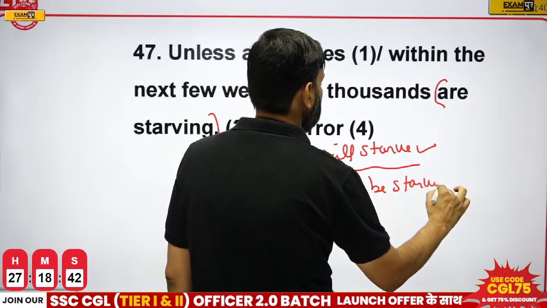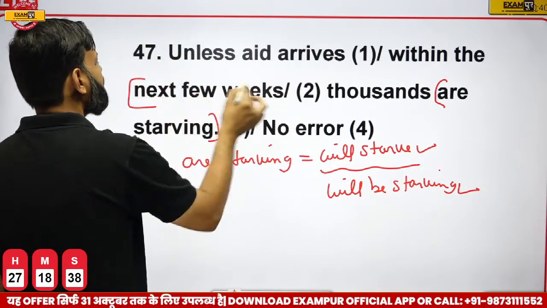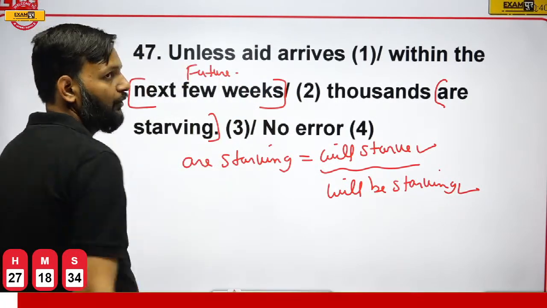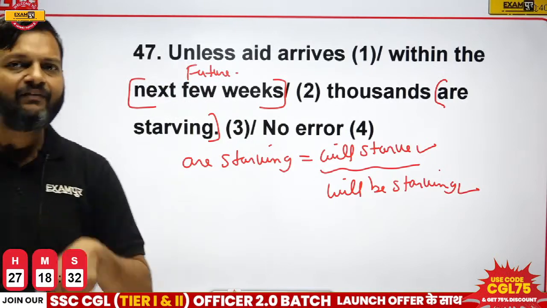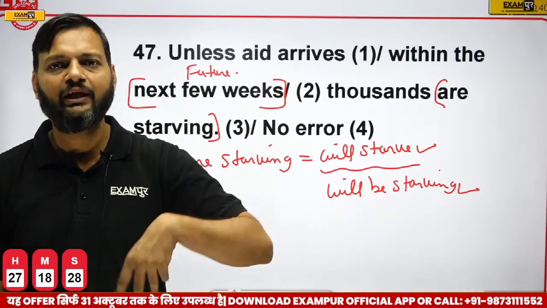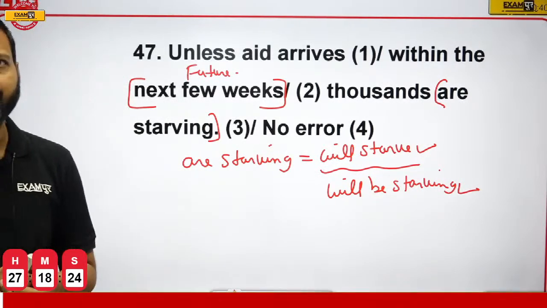Both are right, because we are talking about the next few weeks. Next few weeks means we are talking about the future. So no one is starving. Everyone will starve or will be starving, if aid doesn't arrive.